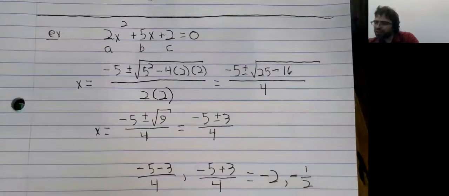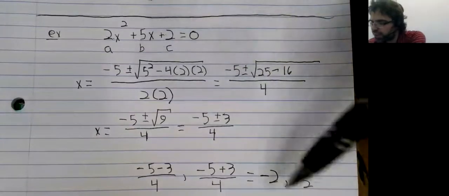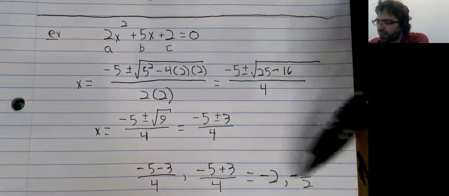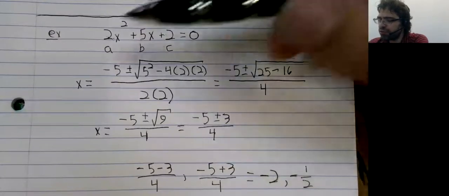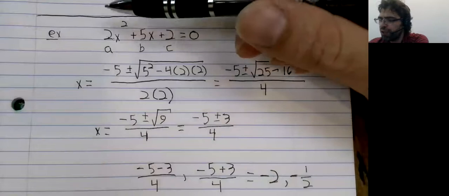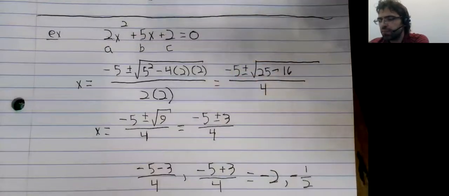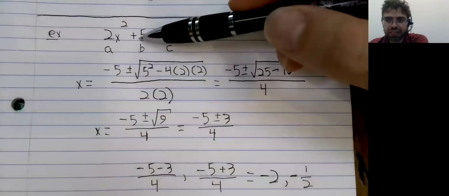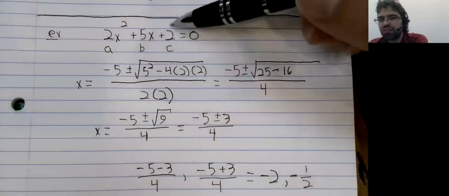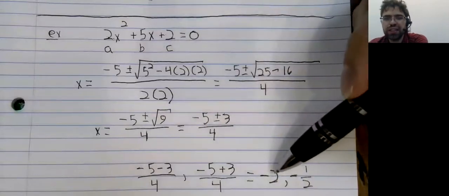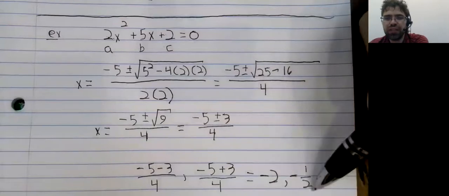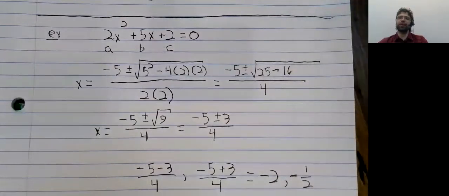I'm genuinely kind of stunned that we got such nice solutions from a randomly selected quadratic. Negative 2 squared is 4, times 2 is 8, minus 10 is negative 2, plus 2 is 0. Negative 2 really is a solution, and negative 1/2 as well.